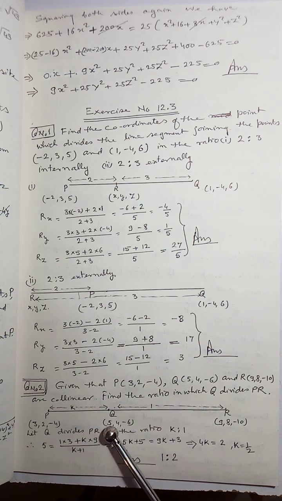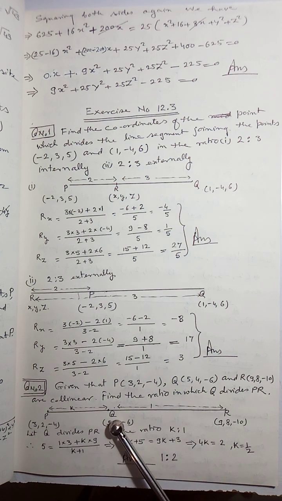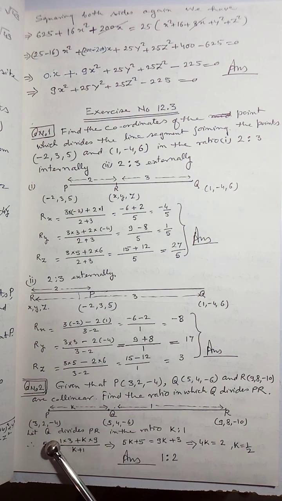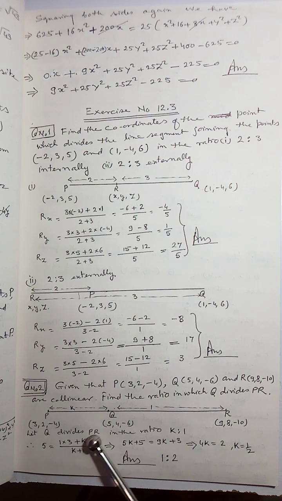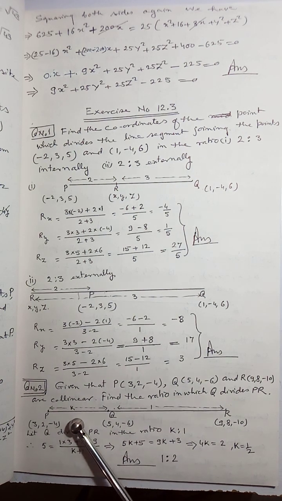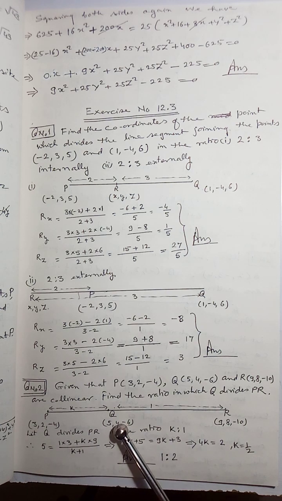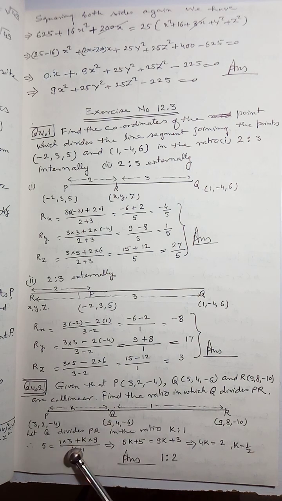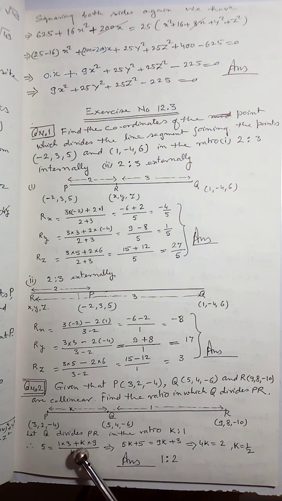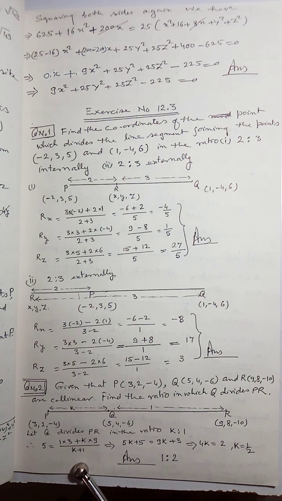These are the collinear points. It is already given. We have to find the ratio in which Q divides PR. So you see the x coordinate of Q is 5. Let Q divide in the ratio of k to 1 first of all. So Qx will be equal to 1 into 3 plus k into 9, whole divided by k plus 1.